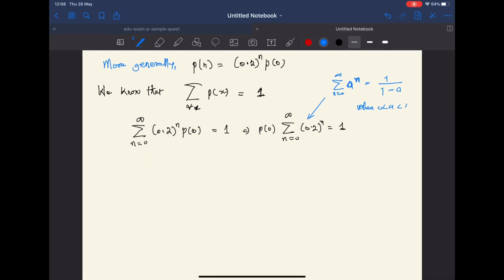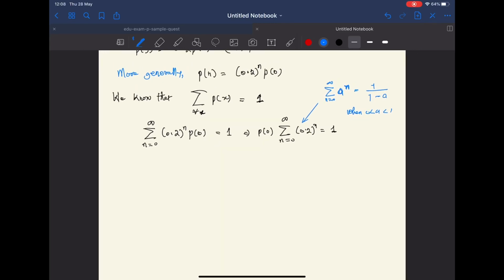So with this, we see that our a here is 0.2. So we can say that probability of 0 times 1 over 1 minus 0.2 should be equal to 1. And this implies that p of 0 equals 1 minus 0.2, which is 0.8.